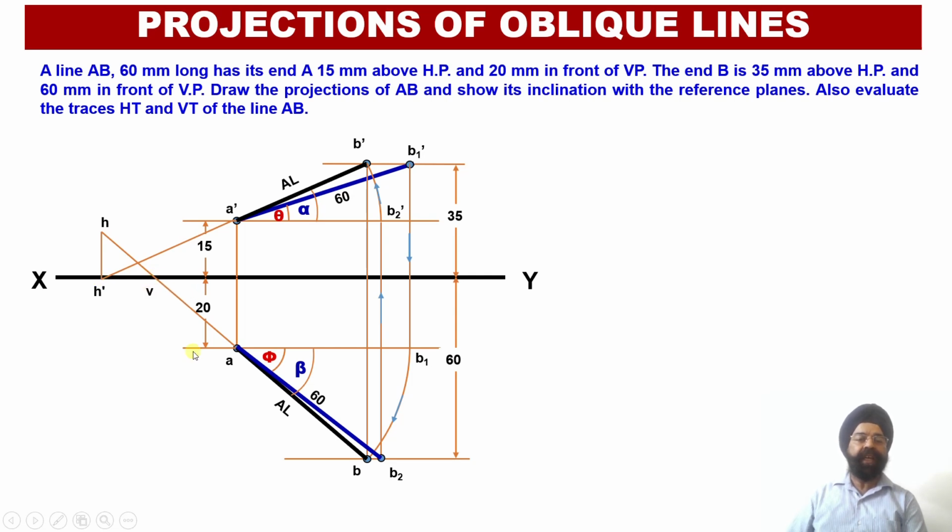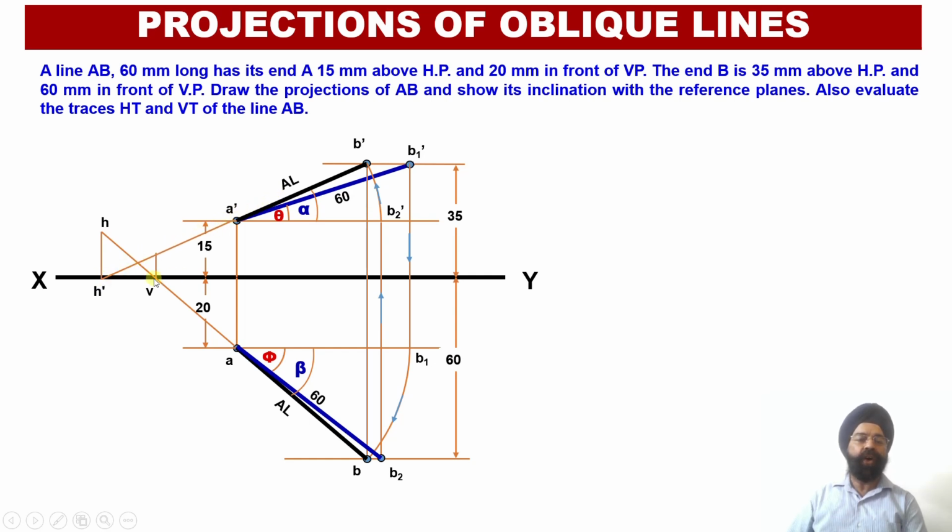Similarly, the plan projection line AB happens to intersect the XY reference line at a point V. Now from point V, again I am going to draw a vertical projector line and extend it till it meets the elevation projection line itself or its extension.